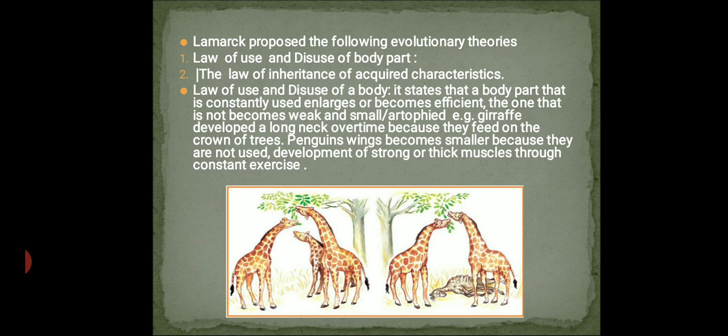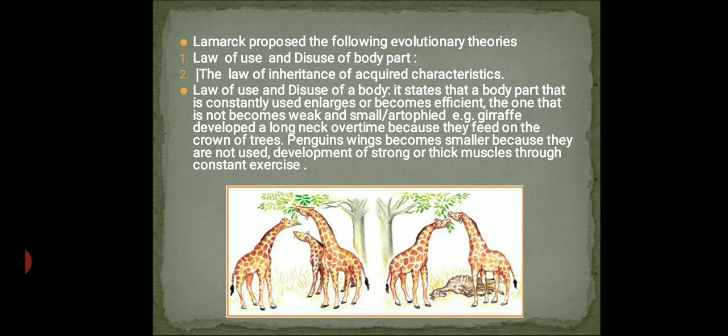The giraffe constantly used its neck, constantly extending its neck and using its mouth to pick leaves from the crown of a tall tree so that it could feed the young giraffe.